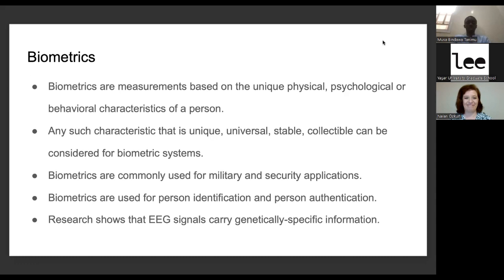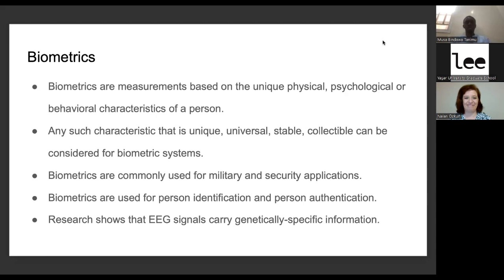Any characteristic that is unique, universal, stable, and collectible from an individual can be considered a biometric. By unique, it means that a biometric from an individual is different from the biometric of every other individual.